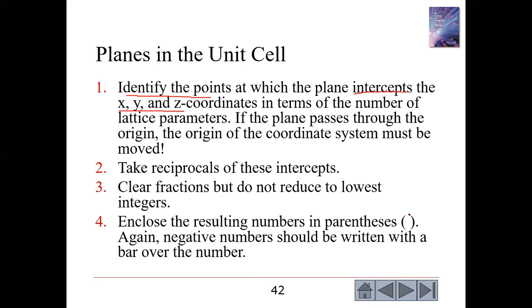I usually cross it and give them 0 marks for this. So when you're talking about a plane, remember to enclose it in parentheses. If you're talking about a direction, enclose it in square brackets. I cannot emphasize it enough. Again, negative numbers, same thing. Negative numbers should be written with a bar over the number, just like we did in directions.